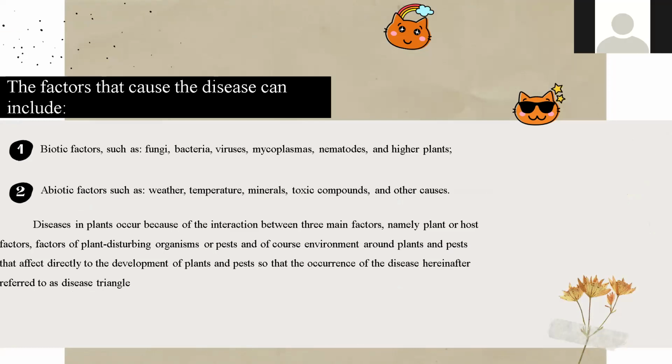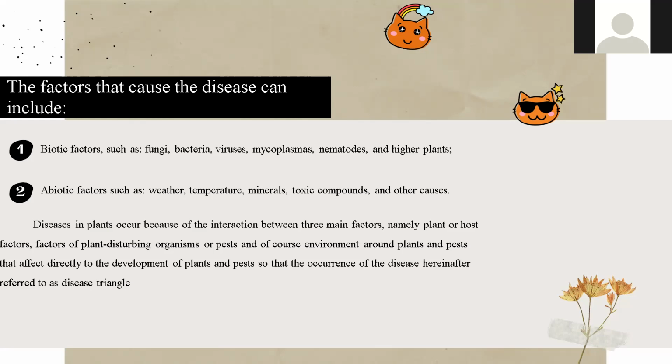The factors that cause the disease can include, first, biotic factors such as fungi, bacteria, viruses, mycoplasmas, nematodes, and higher plants. Second, abiotic factors such as weather, temperature, minerals, toxic compounds, and other causes.